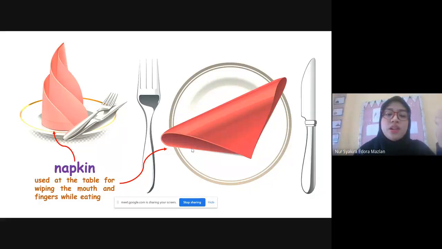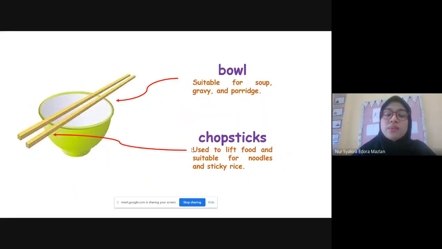Okay? That is the sunnah of our Prophet. But for Chinese culture, they didn't use a fork and knives a lot because they like to eat something soupy and they like to eat noodles. So plate or spoon might not be suitable for them.